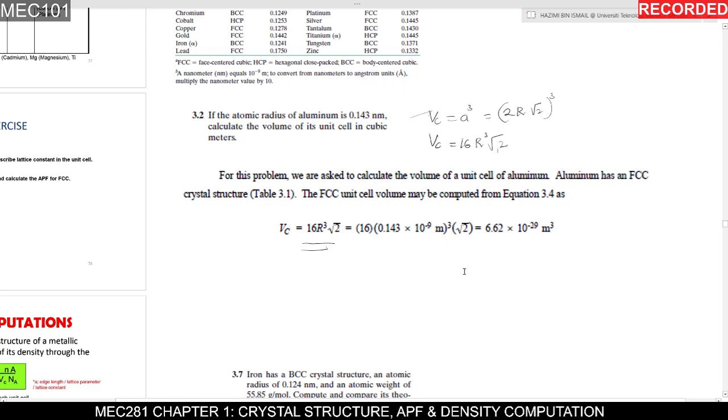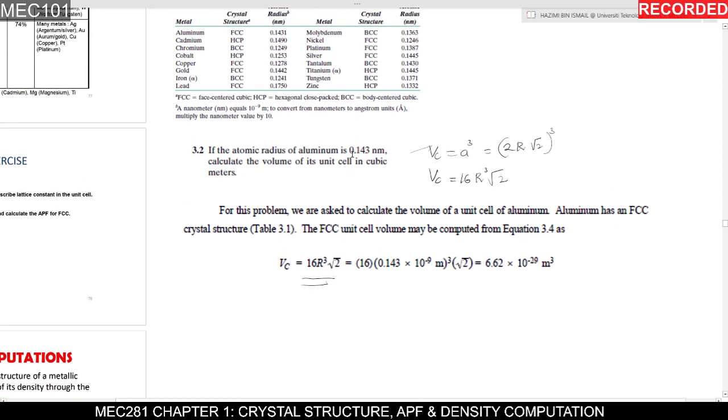Okay, so you substitute R, which is 0.143. R means the atomic radius. So this is about the aluminum. So you have to take the value of the aluminum radius 0.143 here, and then power of 3 times the square root of 2.